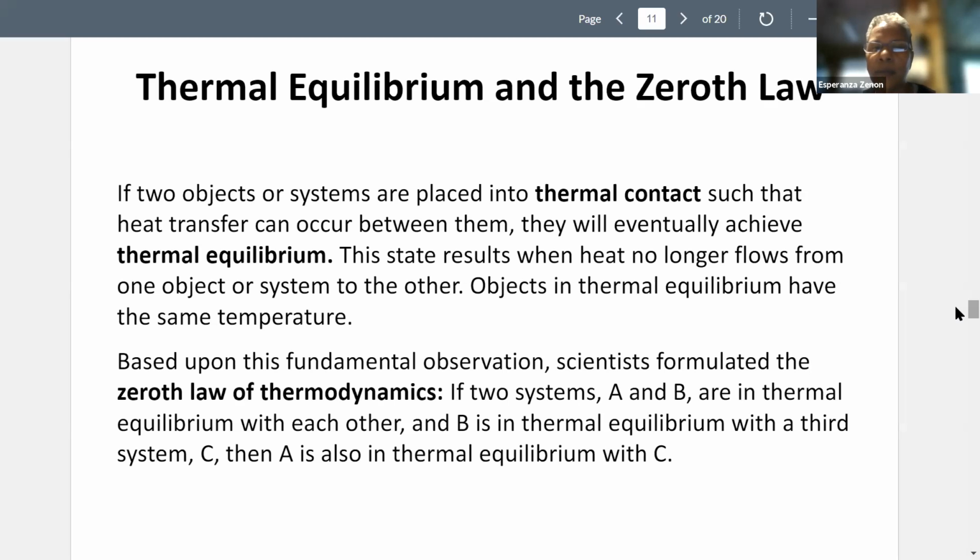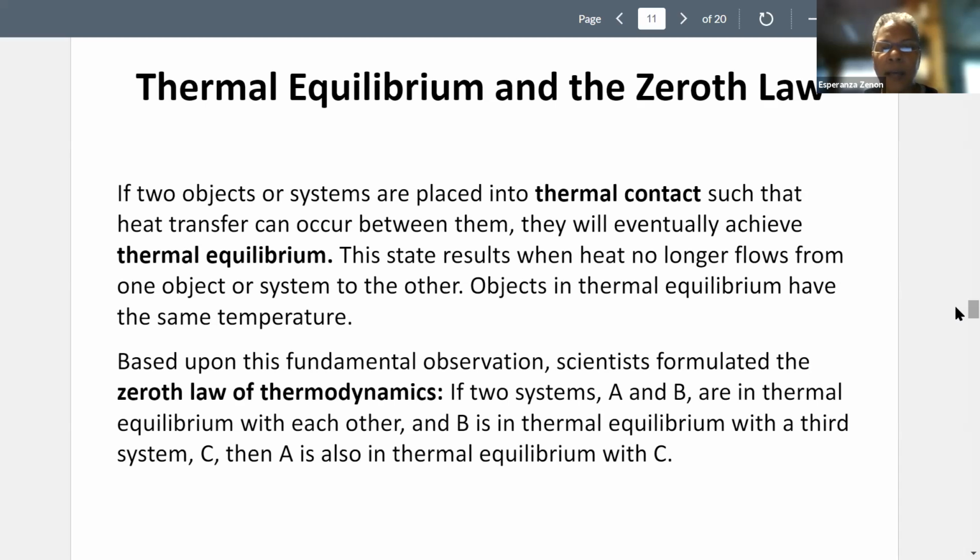If these objects are in contact, you're going to get some heat transfer, and that will keep taking place. The heat will be exchanged between those items until they reach thermal equilibrium. And at that particular state, once both systems are at the same temperature, you won't get any heat flow.